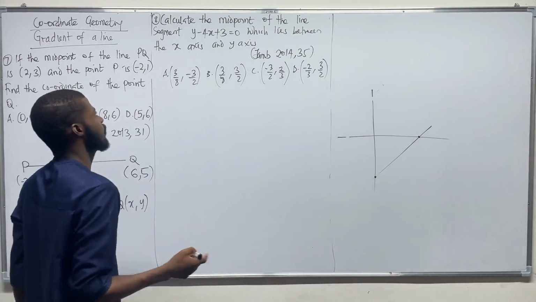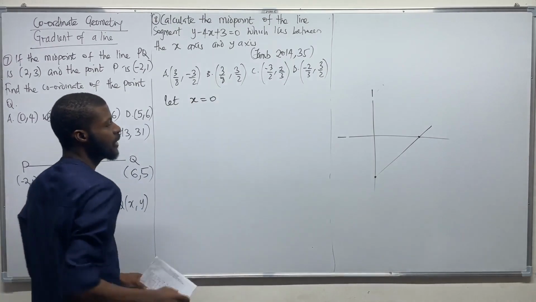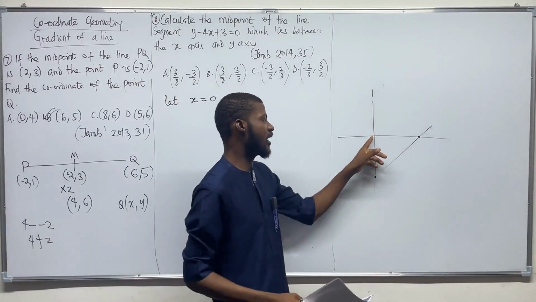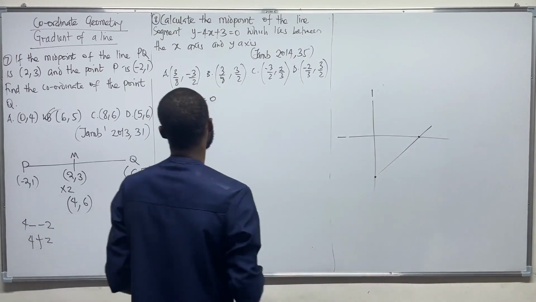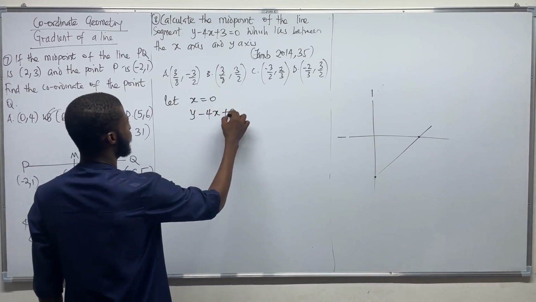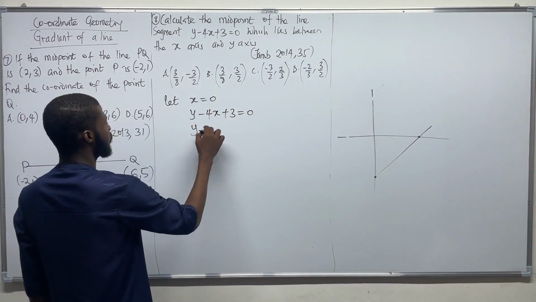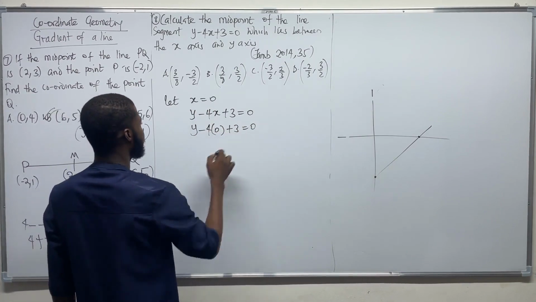Now, that's easy to find. The first thing we have to do is to say, let x equal to 0. Because if we say x should be 0, we're going to find the value of y. So that becomes our y intercept. So we have y minus 4x plus 3 equal to 0. So this is y minus 4 brackets, x is now 0, plus 3 equal to 0.